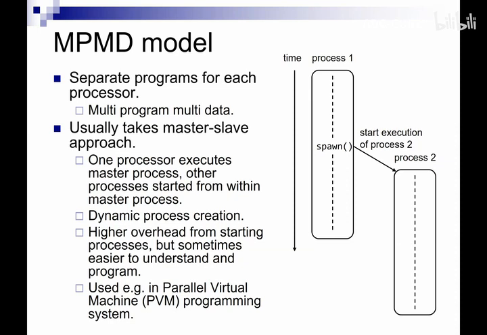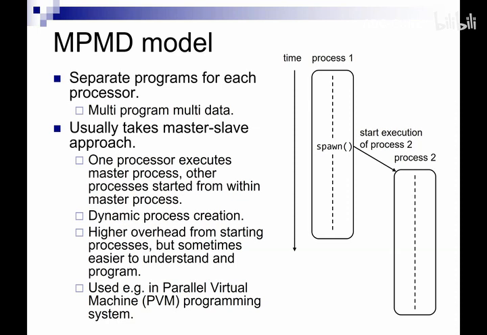If you want 8 processes, then from the outset you have 8 processes. For the MPMD model, initially you start with 1 process, and then at some point, when you want more helper processes, you can spawn more. So the number of processes can vary over time, and the processes are created dynamically.